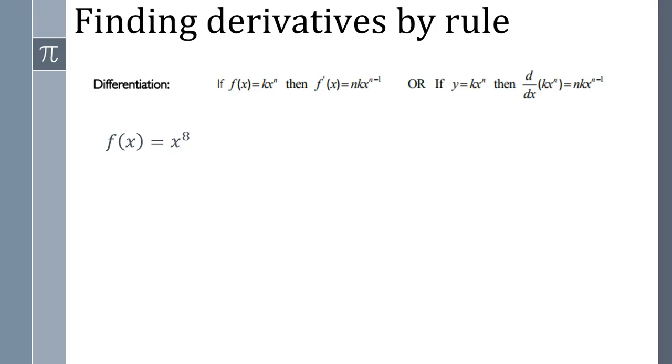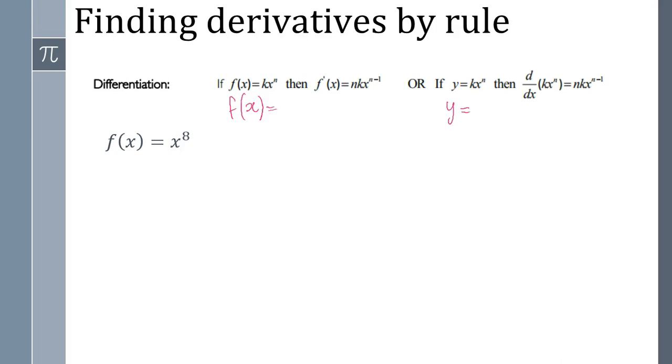So you'll see here that the rule is written twice. It's written once with f of x, and it's written once with y equals. Now you've seen that before. Functions are notated with f of x or y. It's just two different mathematicians that invented it at the same time, couldn't agree on anything, so we have two different notations, but they mean the exact same thing.